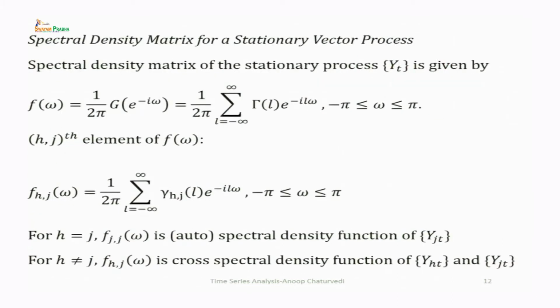Now, we consider stationary vector processes and then the spectral density matrix for a stationary vector process.